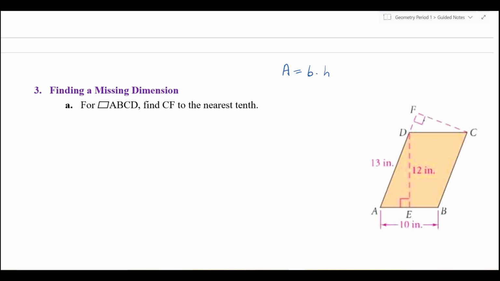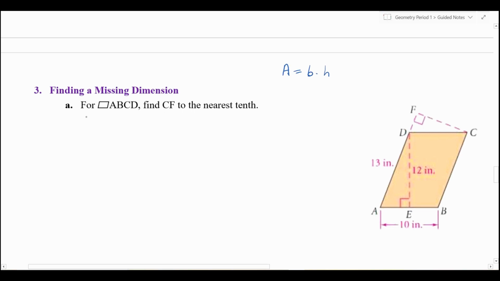So let's take a look at how we can find it using area. Let's first calculate the area. We can calculate the area of the parallelogram right off the bat because we know the base here and we know the altitude, or the height, in reference to that base, because we know what DE is.